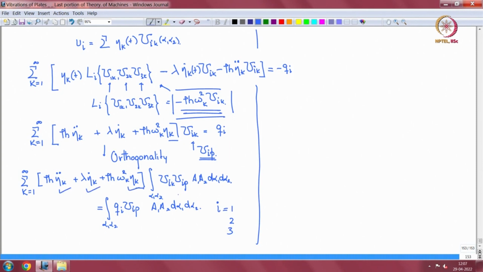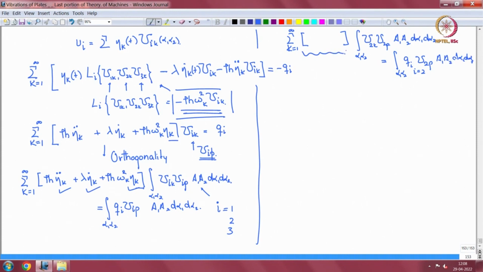So if I take the modal components in the other directions, I will get the sum over k equal to 1 to infinity, the same eta k equation, integral alpha 1 alpha 2, then u in the other direction, let us say u2k, u2p a1 a2 d alpha 1 d alpha 2, let us say this was I equal to 1, that is equal to integral again alpha 1 alpha 2 qi, the other I, let us say I equal to 2, u2p a1 a2 d alpha 1 d alpha 2, and this part is same for all three.